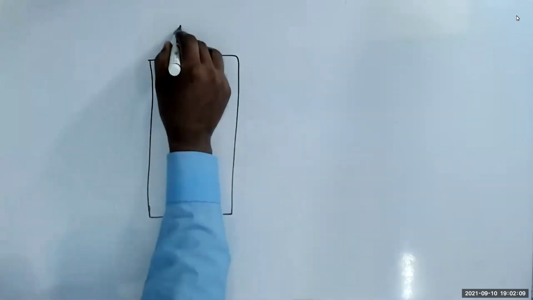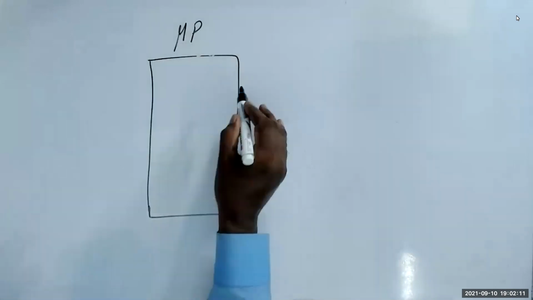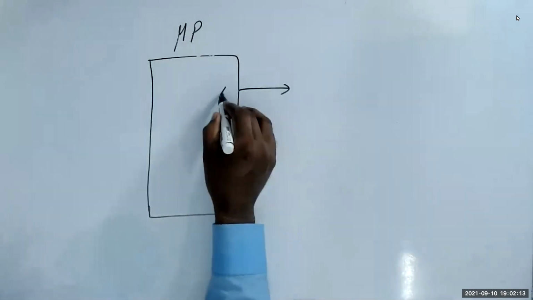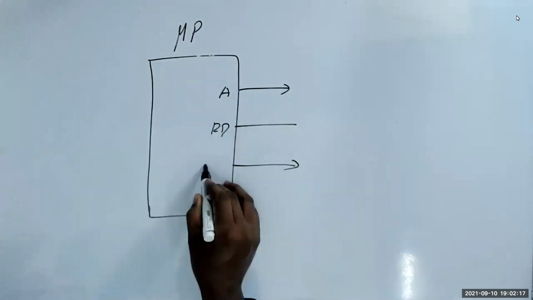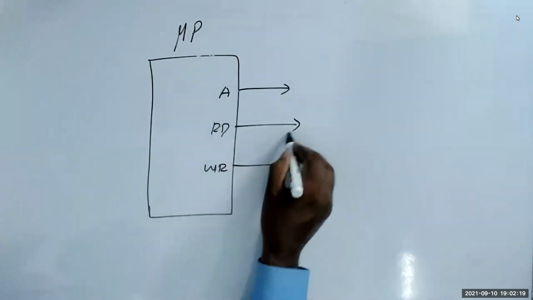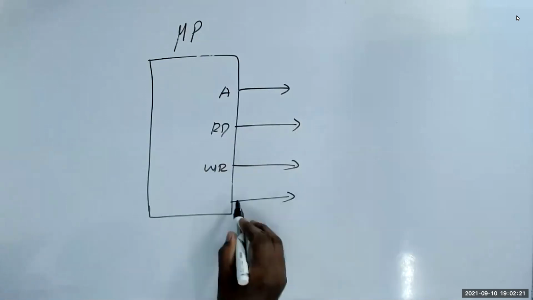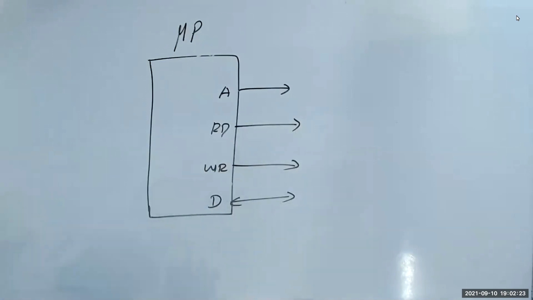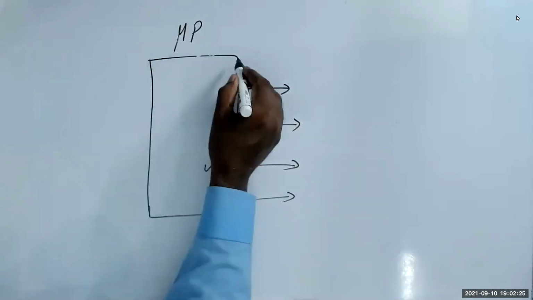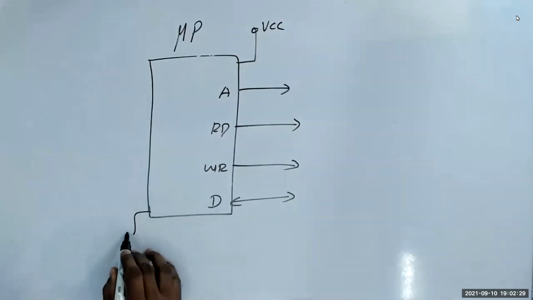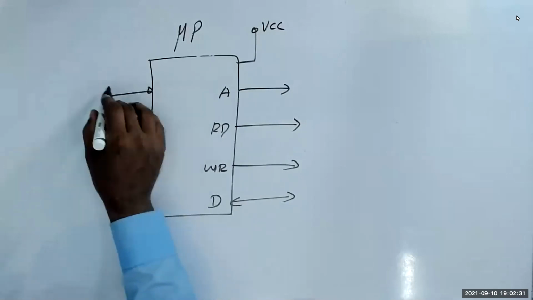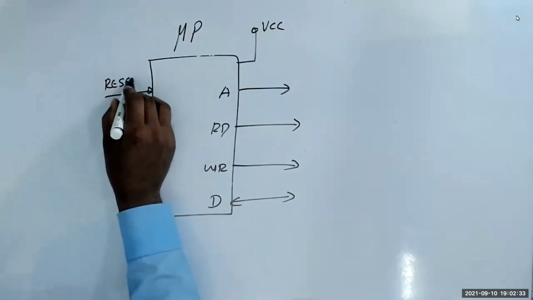All microprocessors in the world have address lines, read, write, and data. That's all. And they have a power supply, and they have a reset and clock.